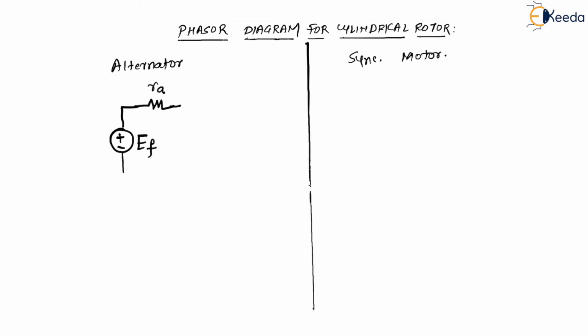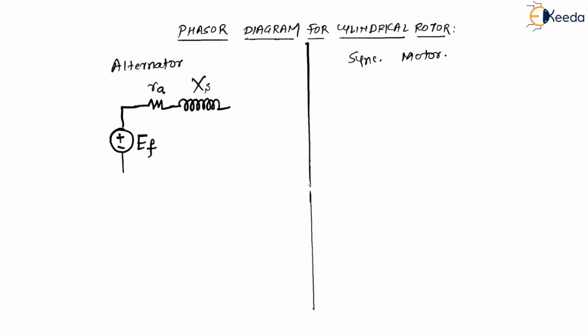At the same time we have something called Xs, the synchronous reactance. We have seen that already, because this particular Xs will have XAL as well as XAR, both of them present in it. We have seen that in our previous sessions.